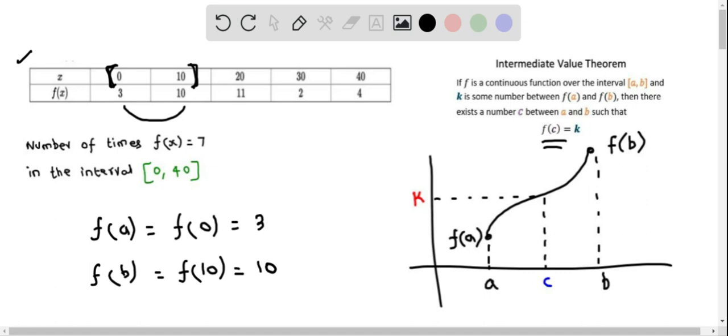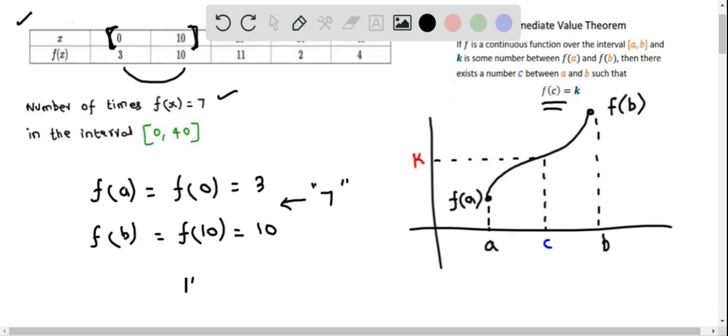Since we want the number of times f of x equals 7, clearly the number 7 lies between 3 and 10. That is, k equals 7 lies between f of a and f of b. So in this interval, f of x equals 7, and we have one interval where f of x equals 7.